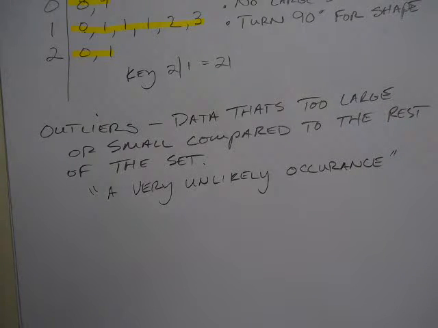Now, a true outlier might fall a little farther away than what we discussed that day, but here's the thing about outliers. We don't regularly just outright call something an outlier. Here's why. Let's say I took a survey in this class and I asked everybody, how much money do you make in a year as high school seniors?